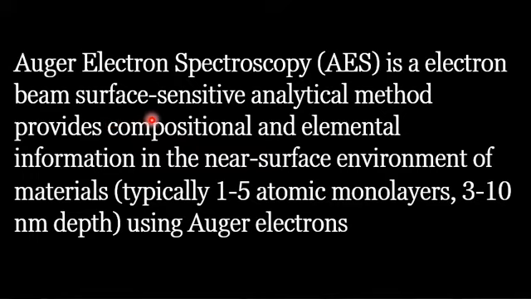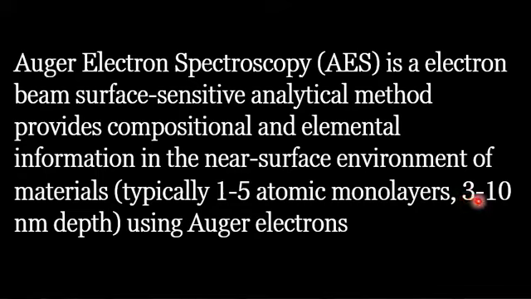On the basis of this technique, we can give information about the composition as well as the elements present near the surface of a material in the range of 1 to 5 atomic monolayers or 3 to 10 nanometer depth. However, the average penetration depth in Auger electron spectroscopy is 5 nanometer.